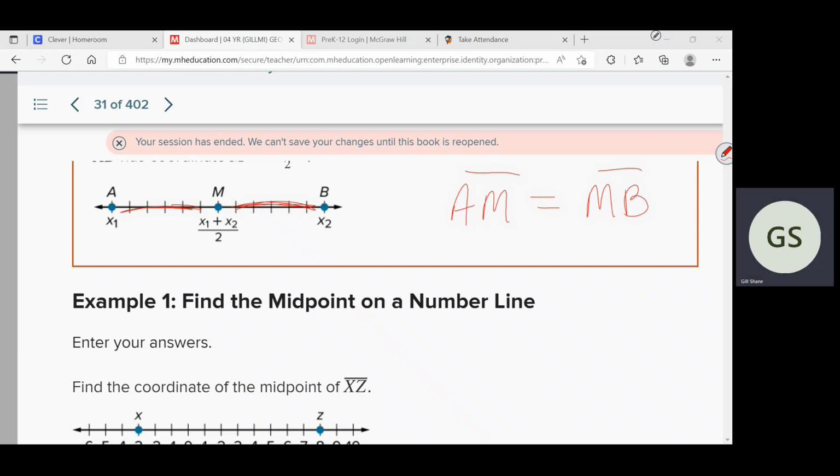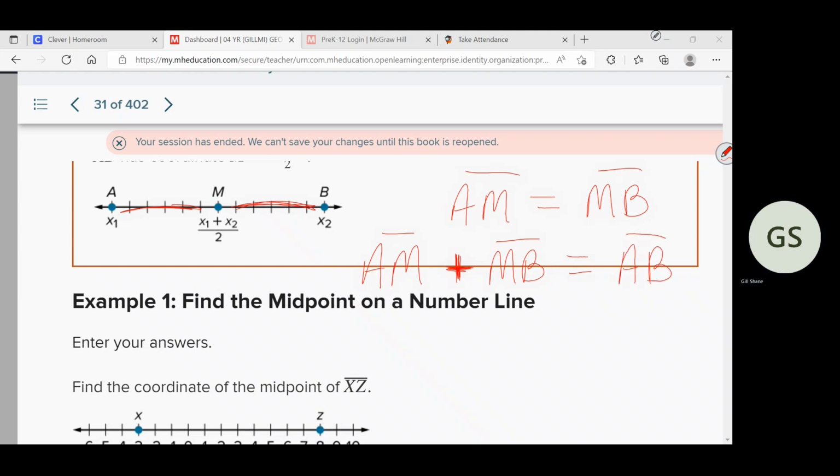This, what we just said a second ago, and I'll write it on the formula, AM plus MB. So again, that's the length of A to M plus the length of M to B will always equal the whole length. That's always true. Doesn't matter where the point is.